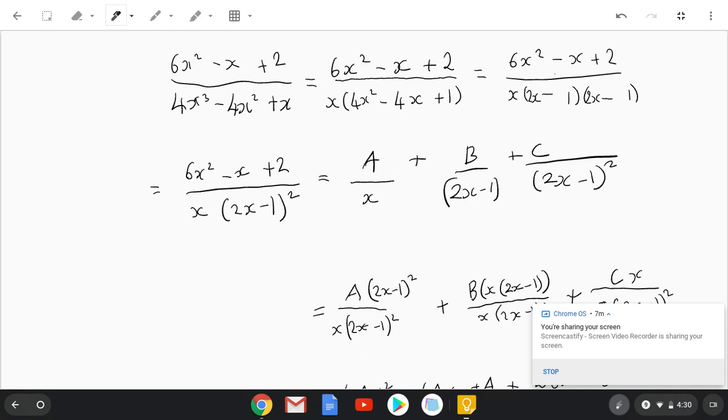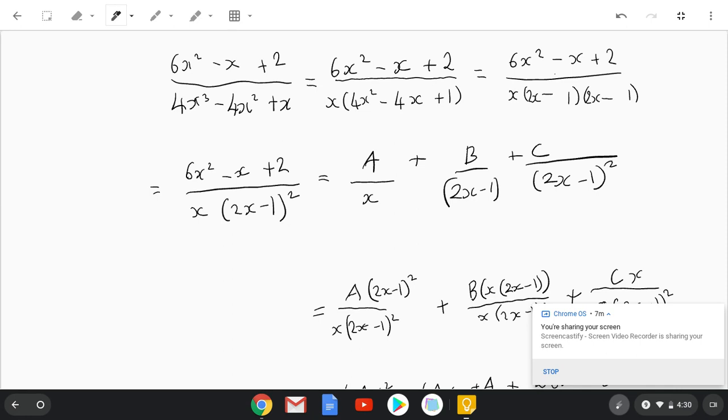And then the second factor, because we've got repeated factors, we do the same thing as in the previous question, which is b over one of these factors, and then c over the combined factors of 2x minus 1 all squared. Okay, so this is a technique especially when you've got repeated factors.